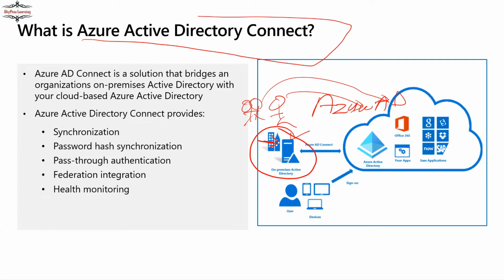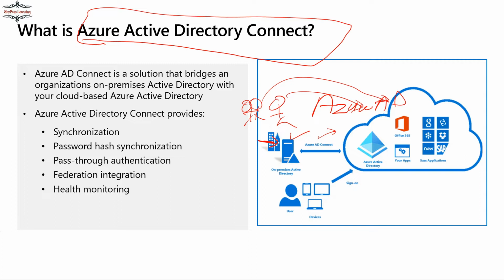Sometimes you have seen that people always say Azure Active Directory Connect, or Azure AD Connect in short form. They say that the Azure AD Connect is basically used to sync objects to cloud, but this is not the reality.